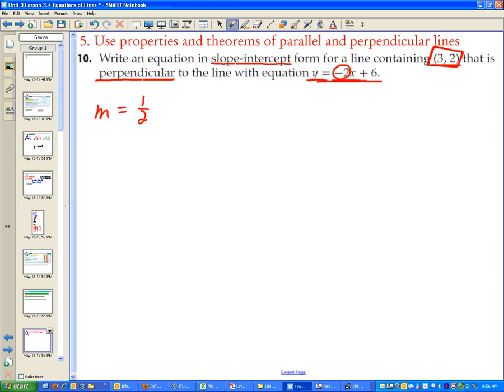So let's use the point-slope form. So y minus y1, which is 2, equals m. We now know m is 1/2, times the quantity x minus x1, 3.